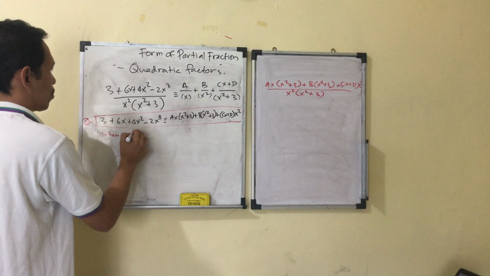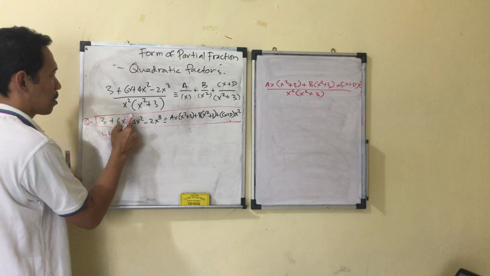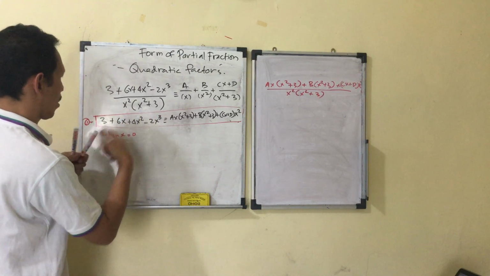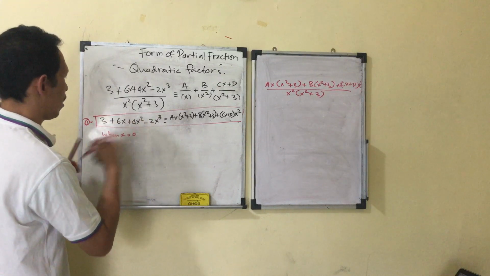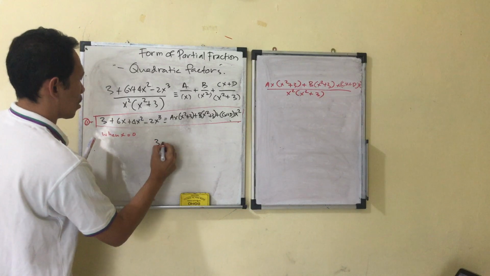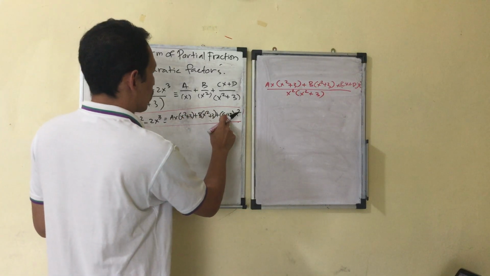When x equals 0, we just put the value of 0 here. 3 plus 0 minus 2 times 0, this one is 0, 0, 0, and 3 is equal to, this one becomes 0, this one 0, this one is 0.